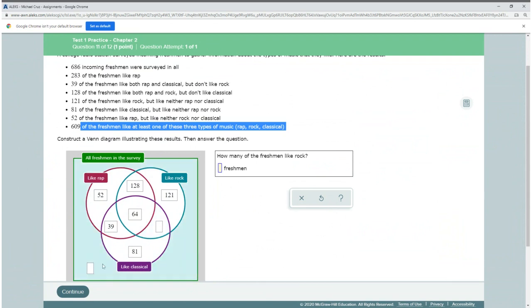It made me think I made a mistake on that other one, Russian. If it said at least one, or I thought it said like one type of music, but if it said at least, then you add up all the three circles like we're doing here. I can't remember what it was, but that just made me think. Now we're going to add up all the ones we got inside the circles, and subtract from 609.